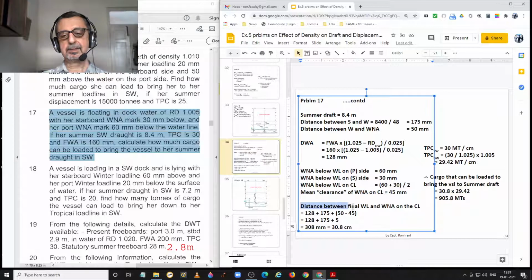Therefore, the distance between the final water line and the WNA on the center line is equal to 128 plus 175 plus 50 minus 45.